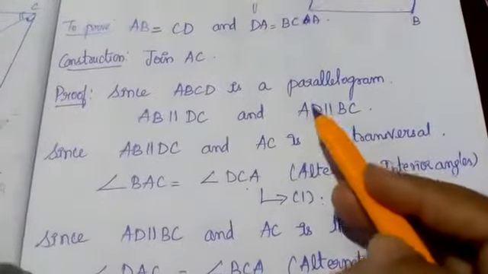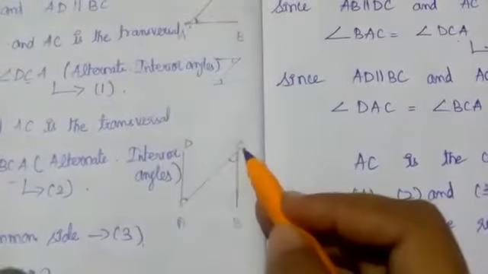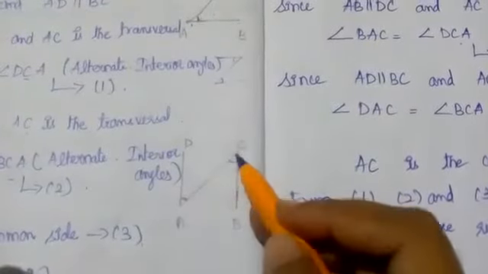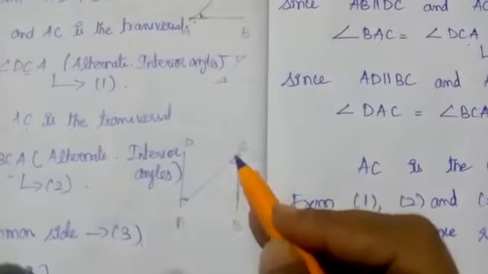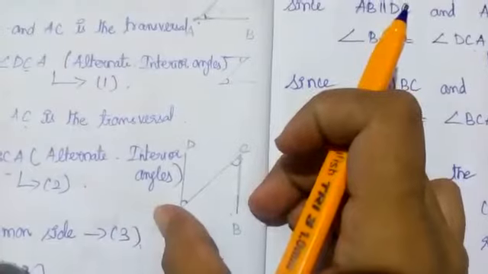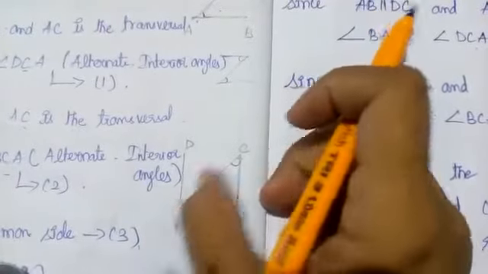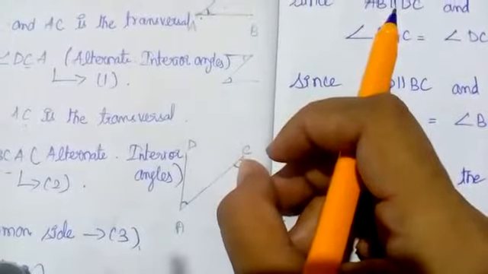Second, we take AD parallel to BC. Since AD is parallel to BC and AC is a transversal, again angle A and angle C are formed. Both angles lie between the two parallel lines, so they are interior angles on alternate sides of the transversal. So they are alternate interior angles, the Z shape.